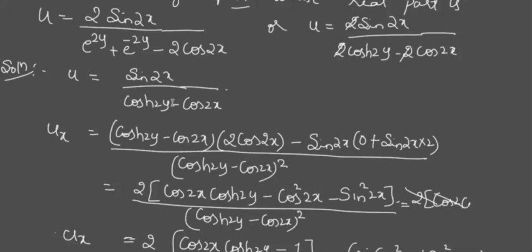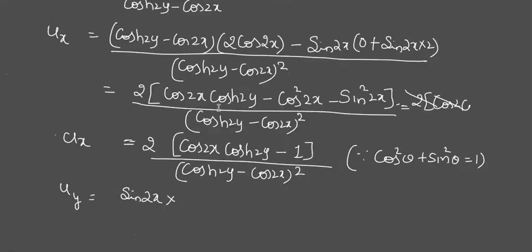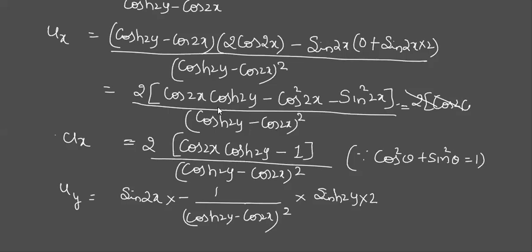How do we differentiate? Minus 1 upon f of x the whole square into f dash. That means minus 1 upon the denominator the whole square into the derivative of the denominator with respect to y. What is the derivative of cos hyperbolic 2y? Sine hyperbolic 2y into 2.